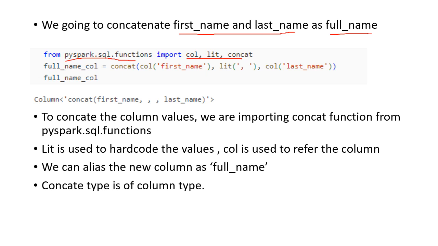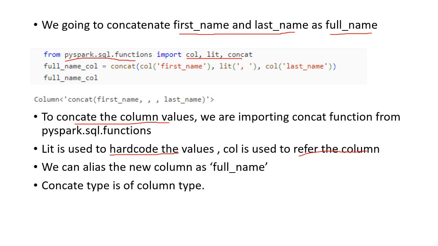The concat is used to concatenate the column values, lit is used to hardcode the values, and col is used to refer to the column. We have an alias with the new name full_name as per the requirement.